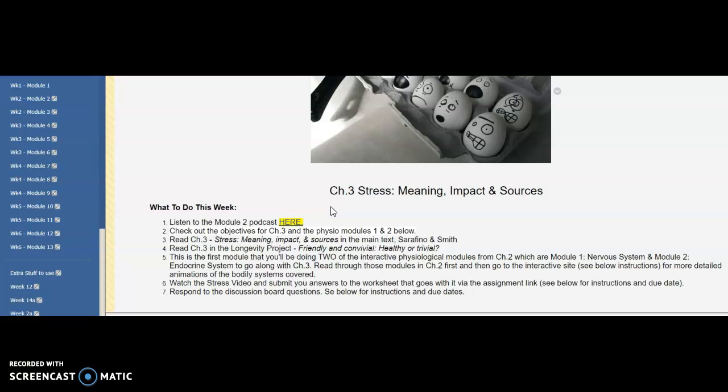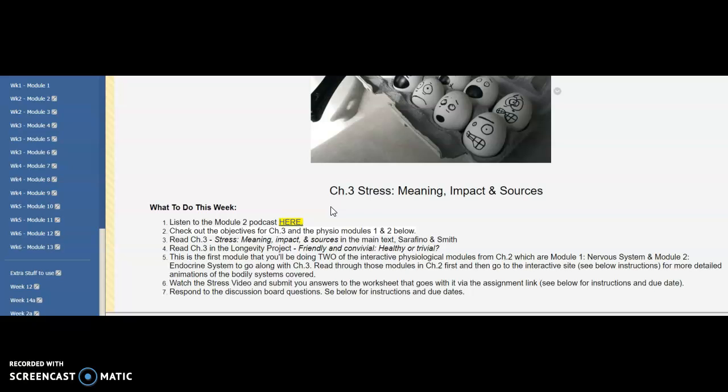In terms of chapter 3, we're talking about stress. We're talking about what does it mean, how does it impact people, and what are the various sources of stress. So we cover the body systems of chapter 2, being the nervous system and the endocrine system.